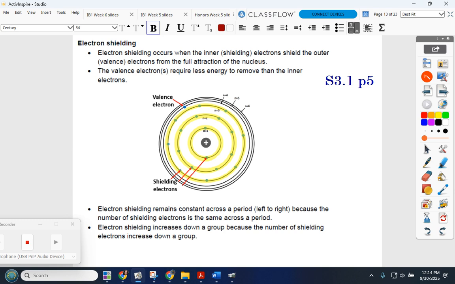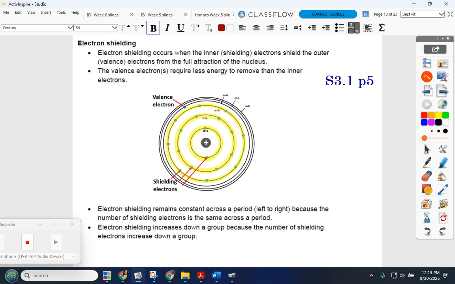Okay? So it makes it a little bit weaker. You've got all this charge repulsion happening in here before you get to the positive charges attracting you. So this plays into some of the reasoning behind the trends that you're going to be expected to understand.